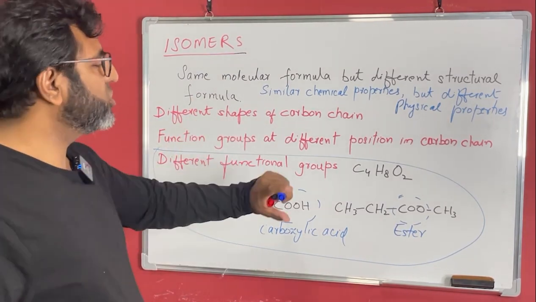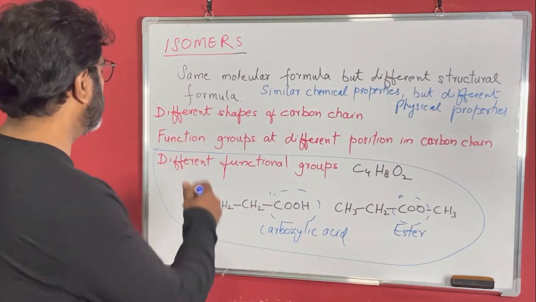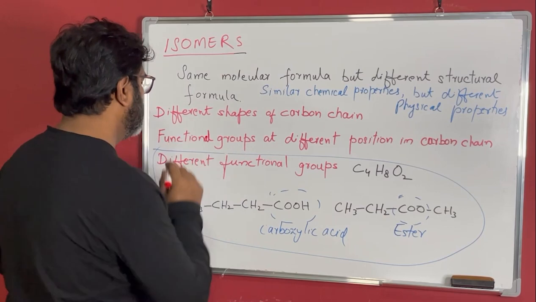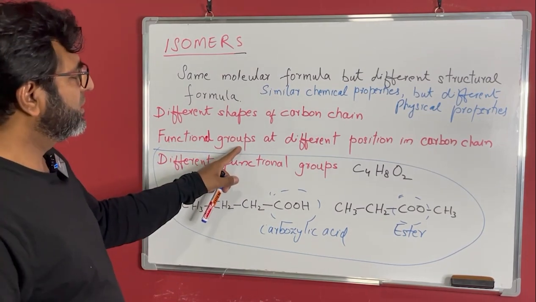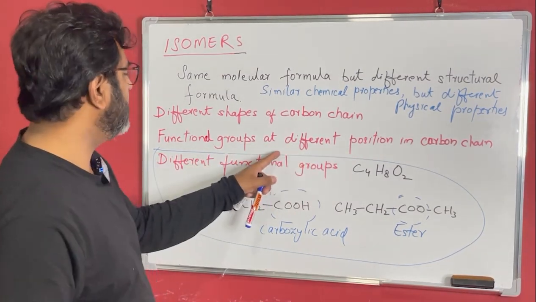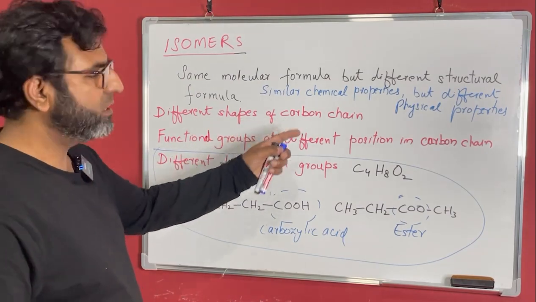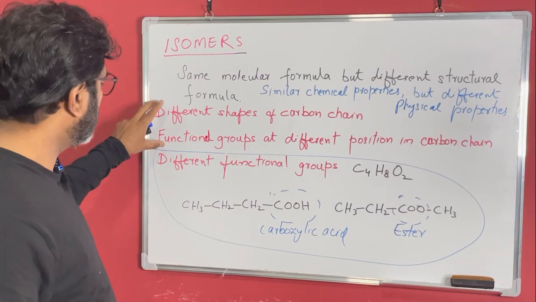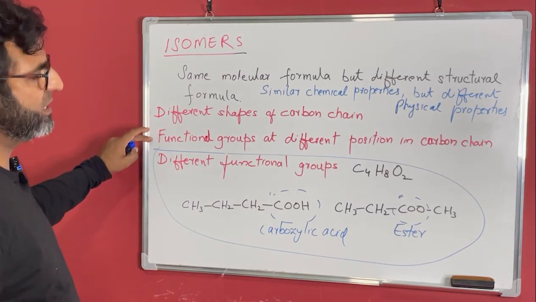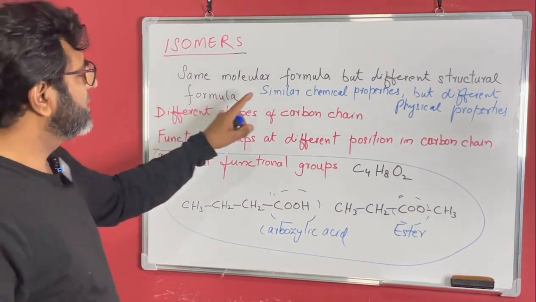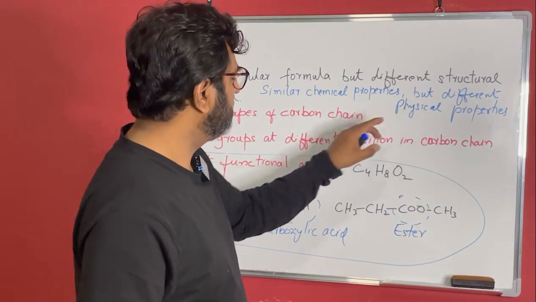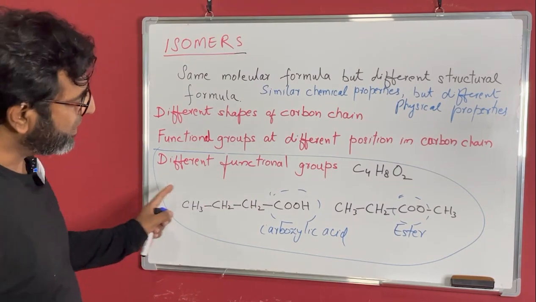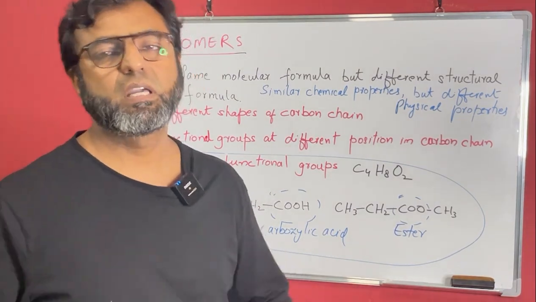Only the position of the functional group might change in the carbon chain, or the carbon chain can be straight or branched. However, in both cases, the functional group remains the same. So in these two cases, similar chemical properties, but they will have different physical properties. But the last case will also have different chemical properties.